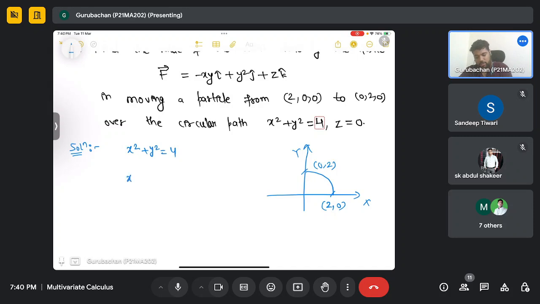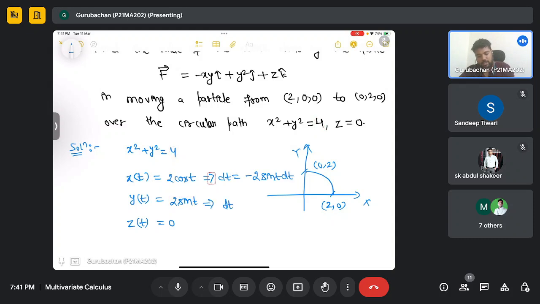What is the parametric form? x of t will be 2 cos t, and y of t will be 2 sin t. And we have been given z to be 0, so we can take z directly as 0. So from here, dx will be minus 2 times sin t dt. From here, dy will be 2 times cos t dt. Since we have taken this kind of polar form, t will go from 0 to pi by 2.